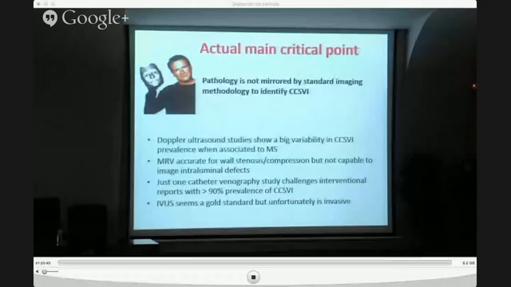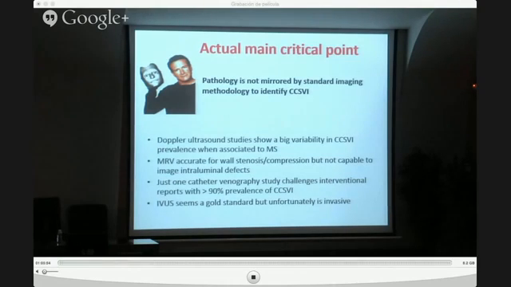The majority of interventional reports by means of catheter venography clearly show a big prevalence of CCSVI in these patients, but there is a very important study published in the Lancet, that I show in some minutes, that challenges this vision. Finally, IVUS seems a gold standard, but unfortunately is invasive.